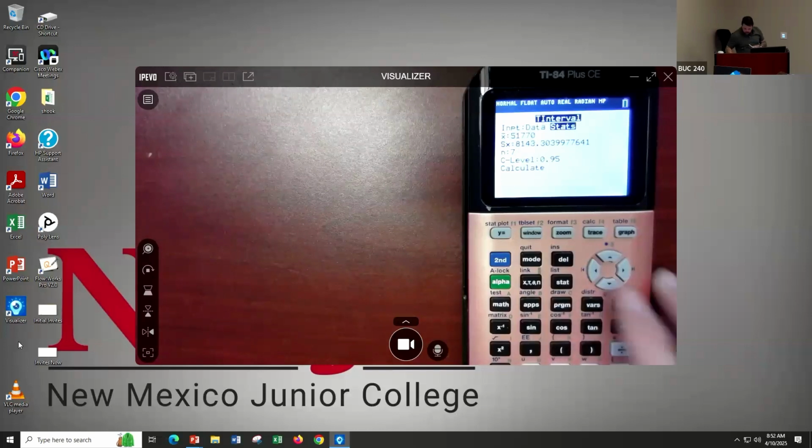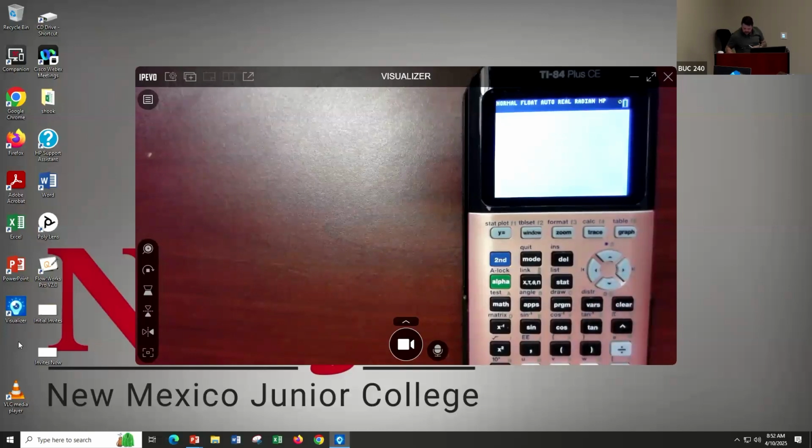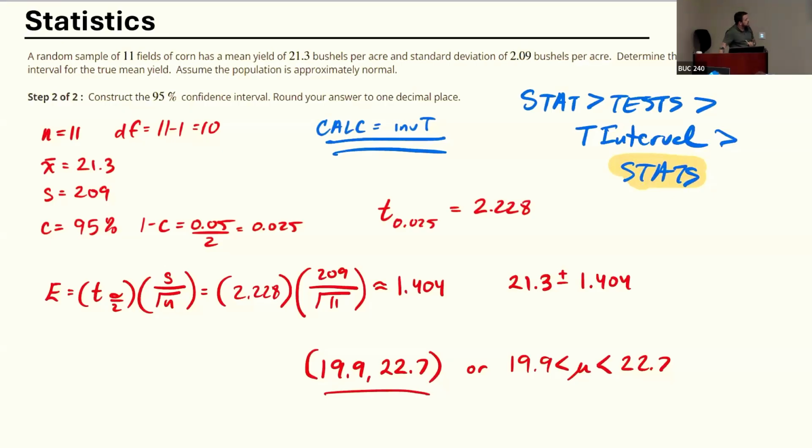Put in what do we put in? 21.3. Standard deviation of 2.09, and then an N value of 11, and we're confident at that. And there you go, 19.86, which on my answer, you'll notice I got 19.9. So just round accordingly. And they tell you, it says round to 1 decimal place. They'll tell you what to round to. Okay.